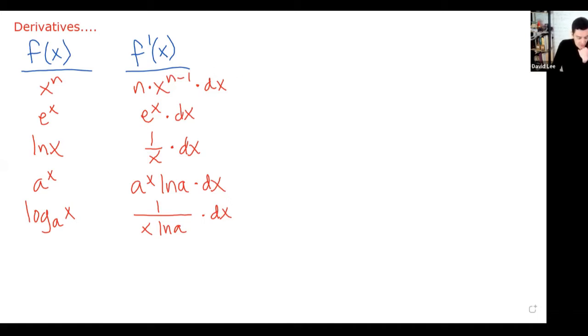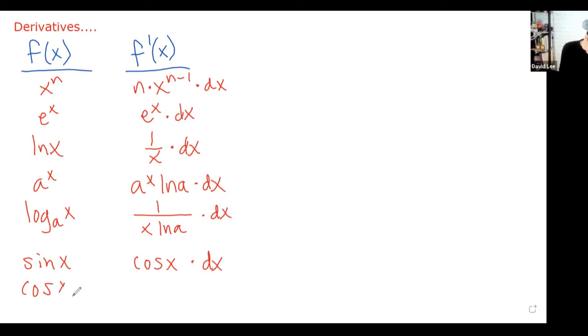And so far we have these here. There are more facts and rules, like for example, how about sine of x, right? Well, the derivative of sine would be cosine x times dx. What about the derivative of cosine?